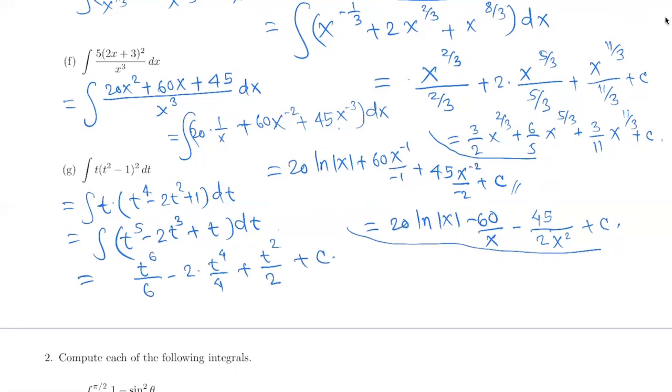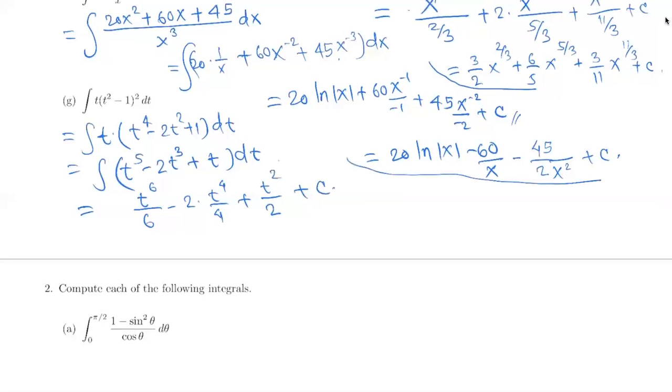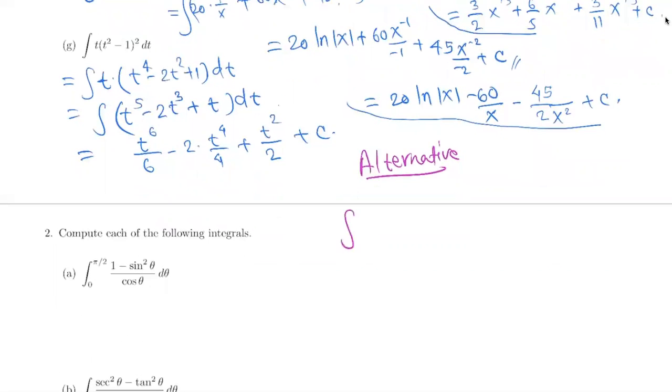But this question, alternatively, okay, we are lucky because it's squared. So let me do it over here, since we know advanced methods. It's the integral of t times the quantity t squared minus 1, squared, dt. Here's a product. There is no product rule.